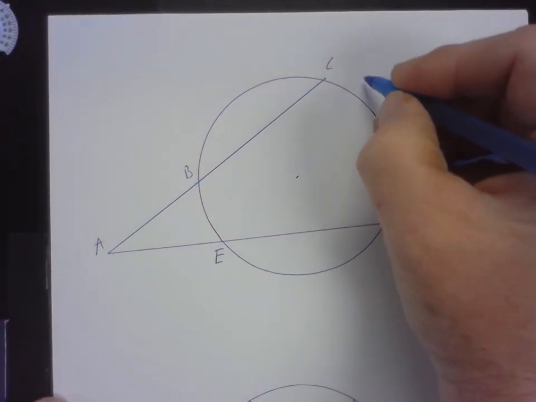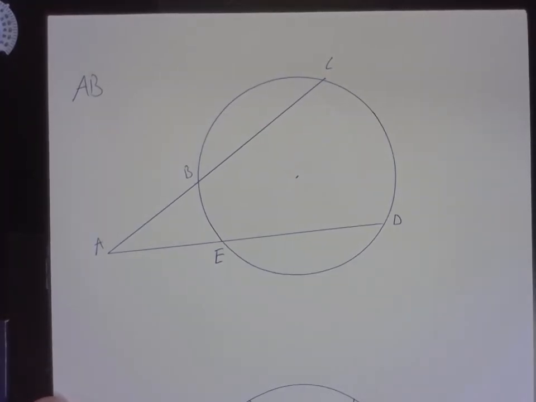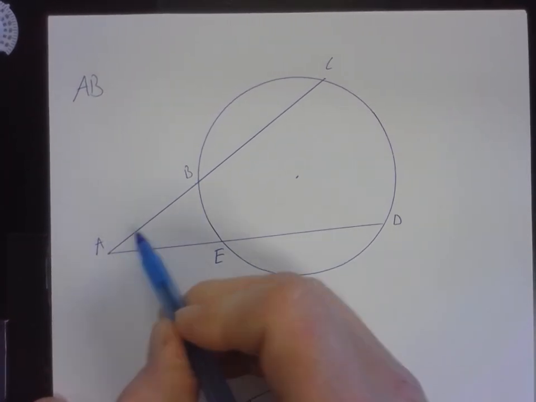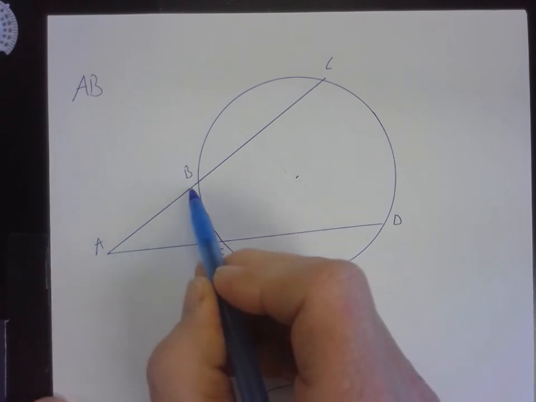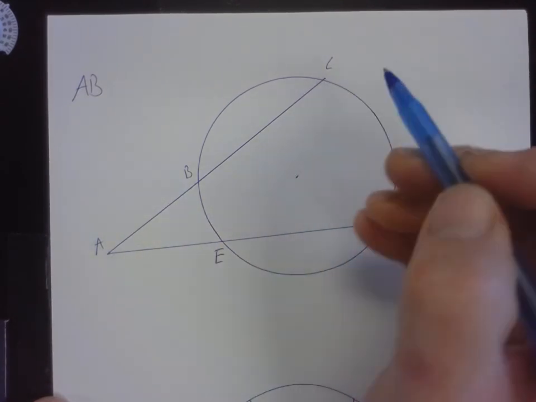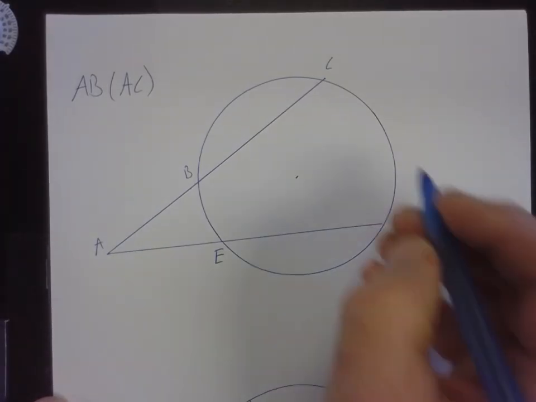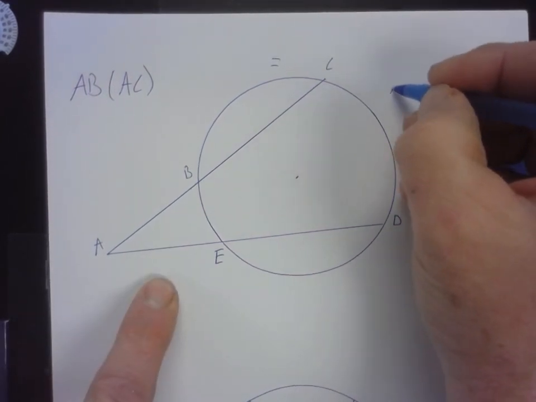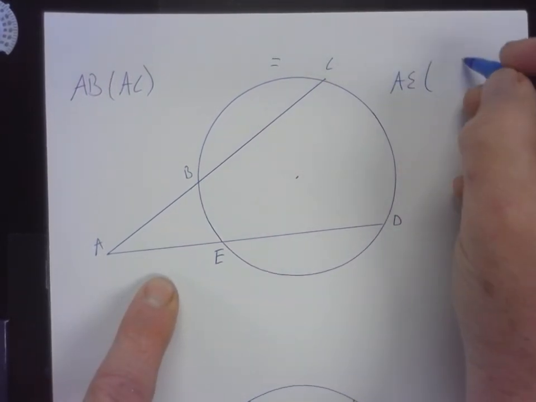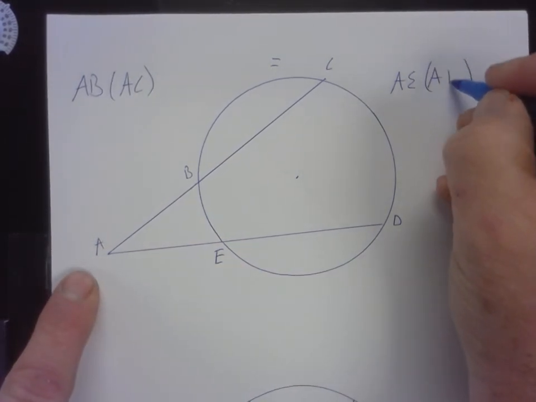Watch carefully. AB. Everyone see AB? So that's the segment on the exterior of the circle. Okay. Multiplied by the entire length of the segment, AC, is going to equal the exterior bit over here, AE, times the entire length, which is AD.